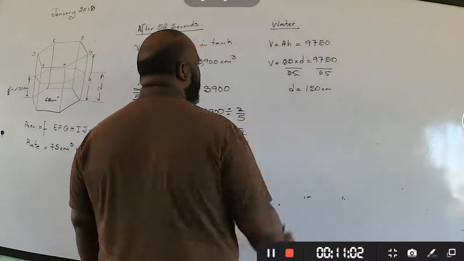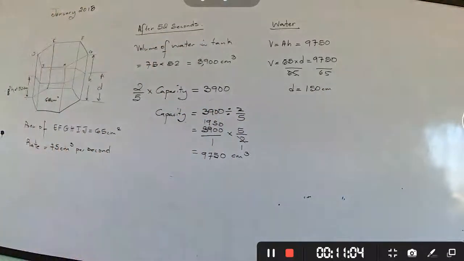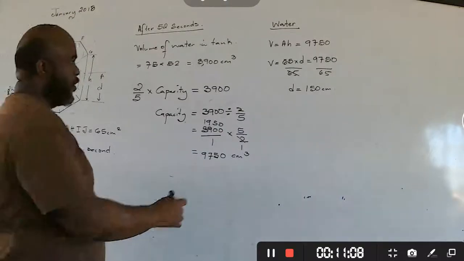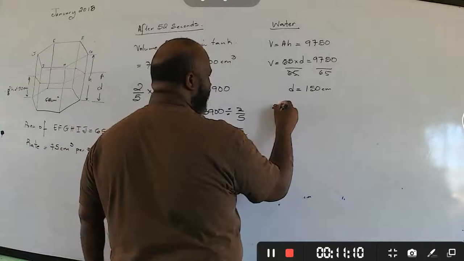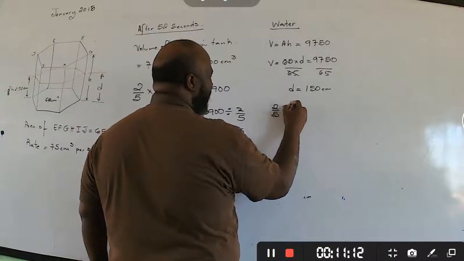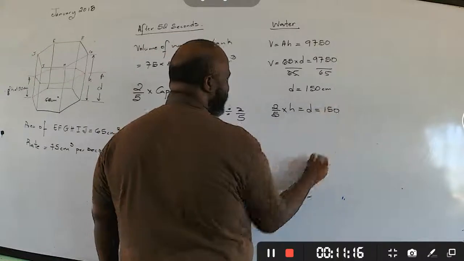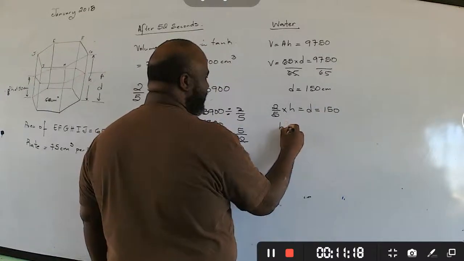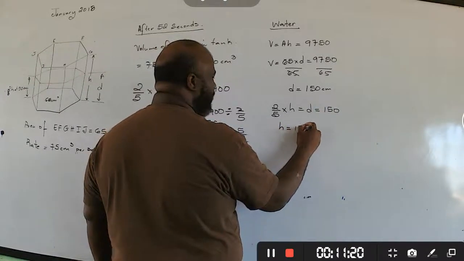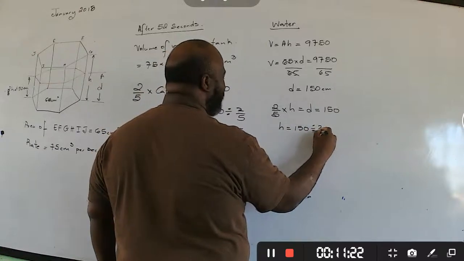So, but D is what fraction of the height? 2/5 of the height. So 2/5 times the height is equal to D, which is 150. The height is equal to 150 divided by 2/5.